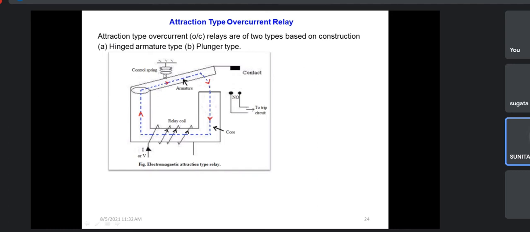The tension of the control spring actually controls the pickup current of the relay. So the dimension or capacity of the spring will be varied depending on the rating of the relay, depending on the amount of current at which it is operating.